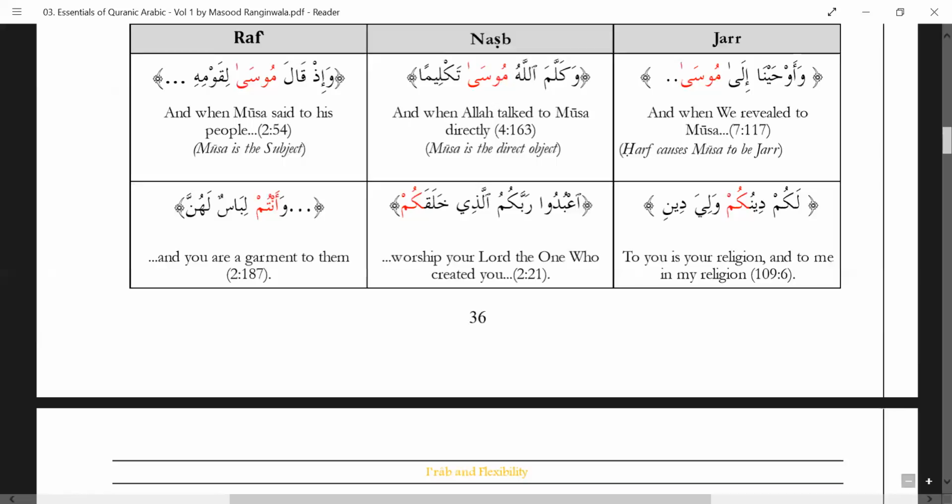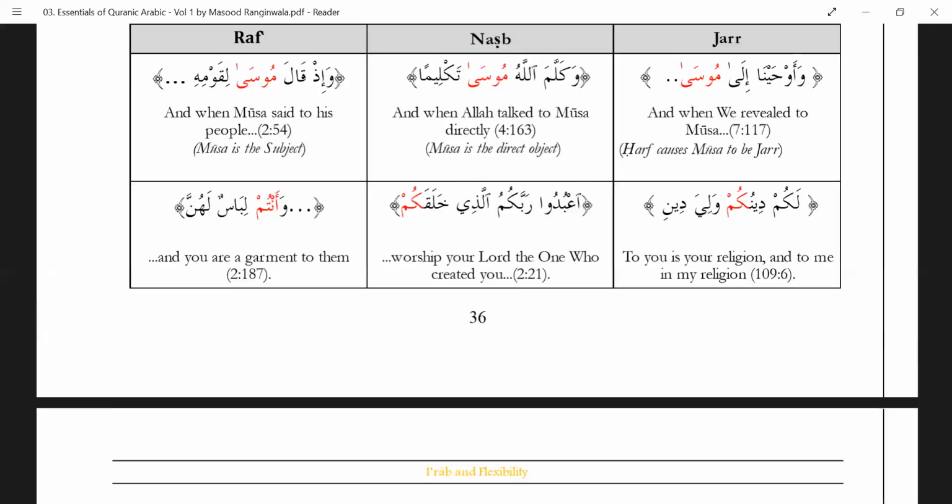So it becomes nasb. But when you have an attached pronoun which attaches not at the end of verbs, here it was at the end of verbs, when it attaches at the end of a noun, then it becomes possession, like lakum deenukum waliya deen. To you is your religion, and to me my religion.